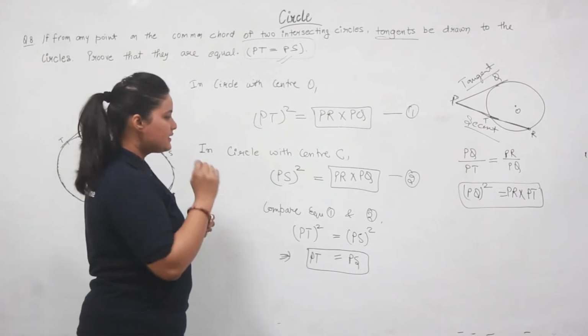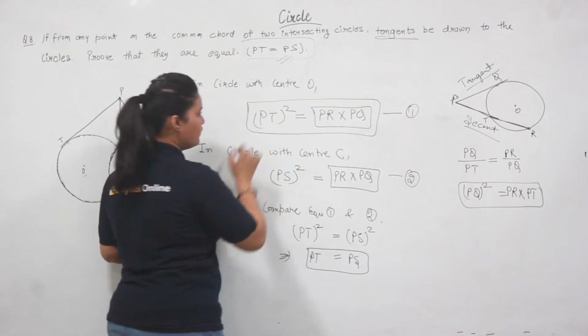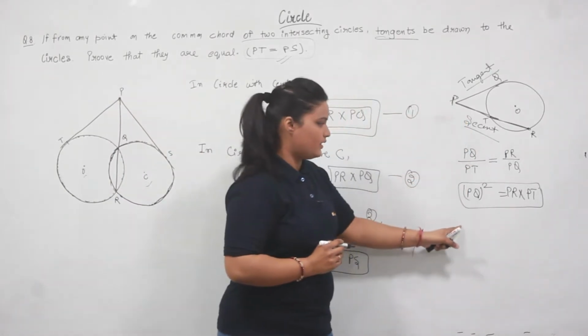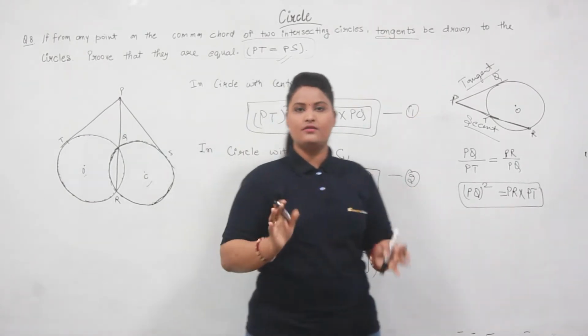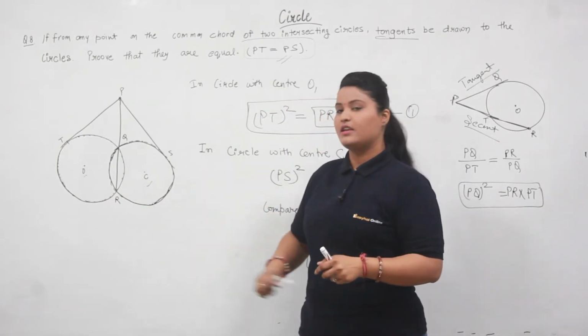Okay, a simple formula and the simple concept was applied over here related to the tangent and the secant and the ratios between them. If you will not apply this, you will be confused how we can solve it, how we can prove that these two tangents are equal to each other.